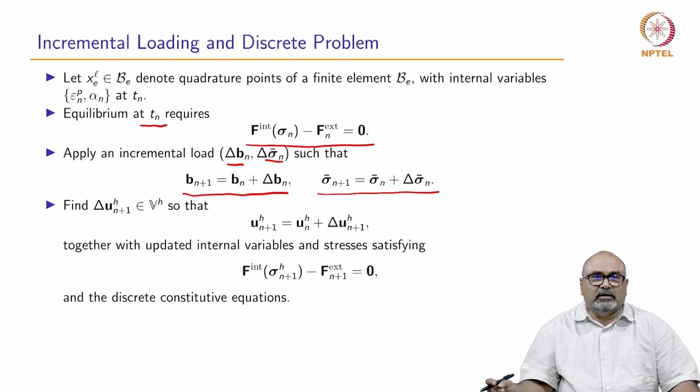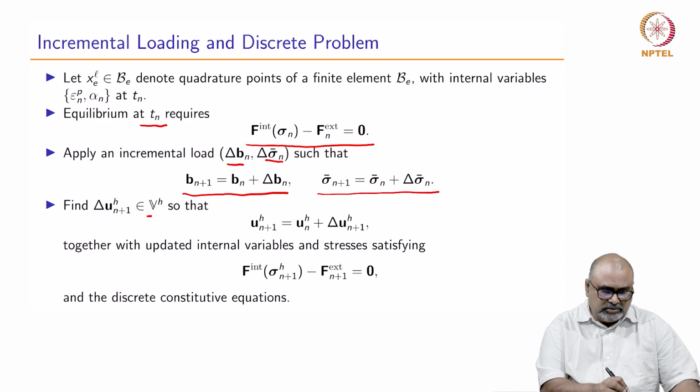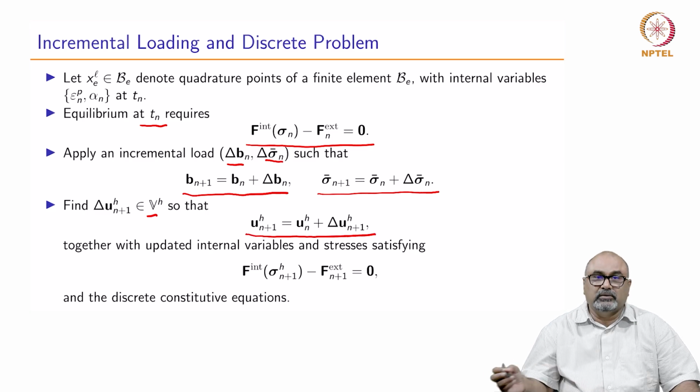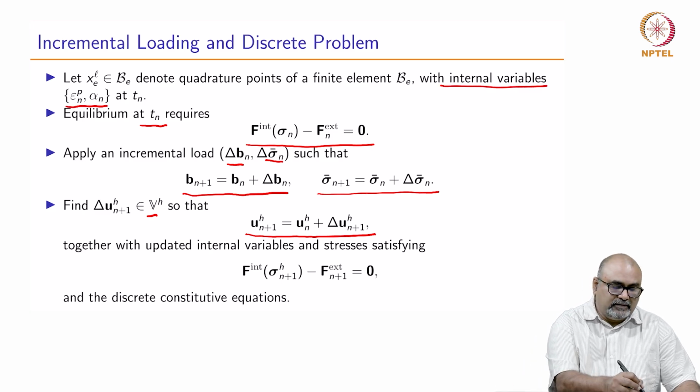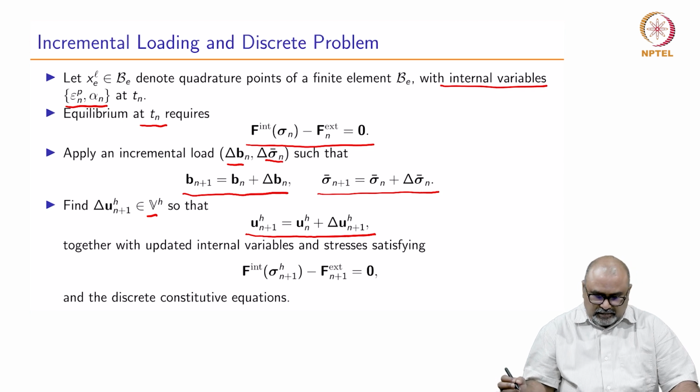We want to get the incremental solution which belongs to the space Vh, such that un plus 1 h is equal to un h plus delta un plus 1 h. So, this is an updated value that we want to get, together with the update in the internal variables that we have in terms of plastic strains and hardening variables.